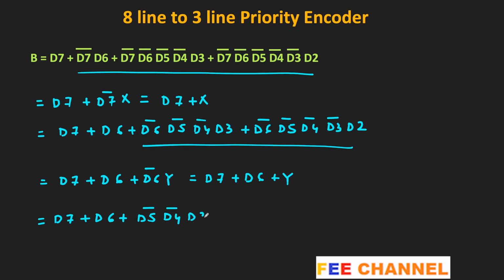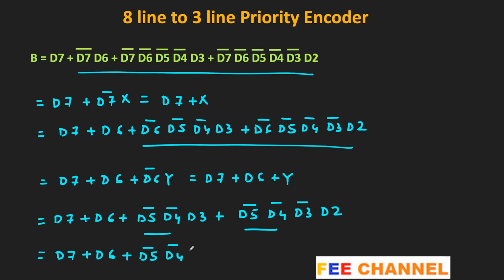And likewise, let us also see the expression for C. This C output is high when D7 is high, or D7 and D6 are low and D5 is high, or when D4, D5, D6, D7 are low and D3 is high, or when D7, D6, D5, D4, D3 and D2 are low and D1 is high.